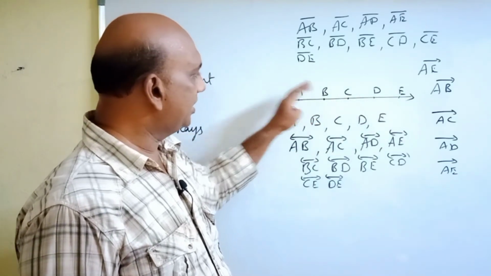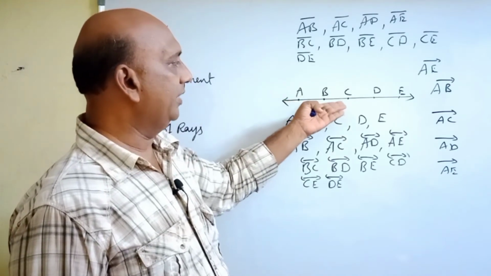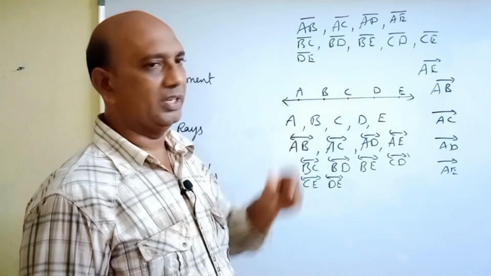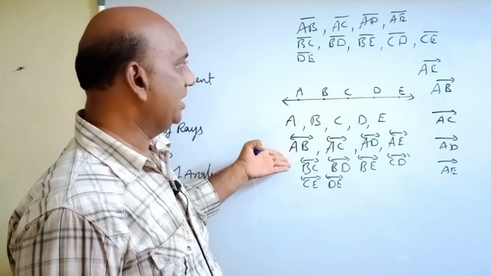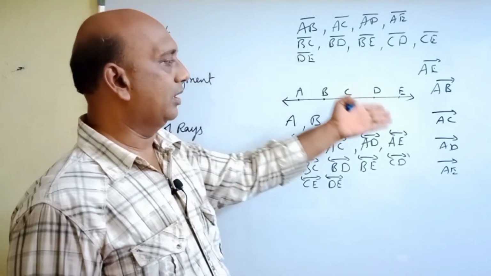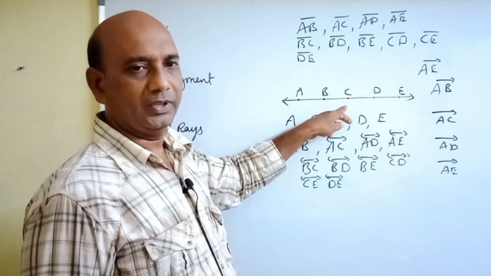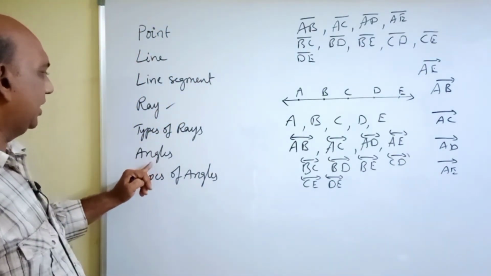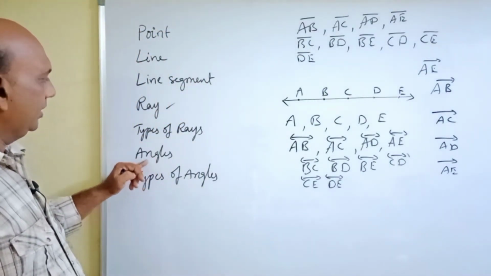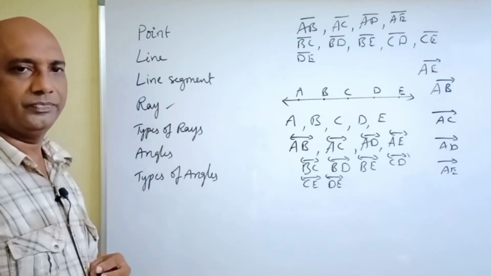That means on this side it is extending indefinitely. Like that, we can indicate so many rays from this figure. So, points, lines, line segments, rays are indicated through this figure in different ways. And then let us discuss angles, and after angles we will discuss types of angles.